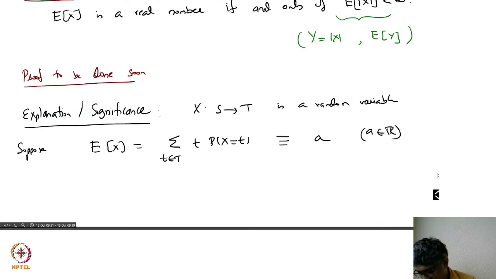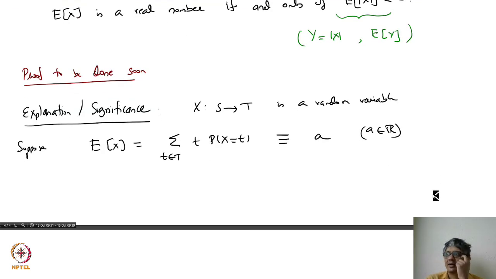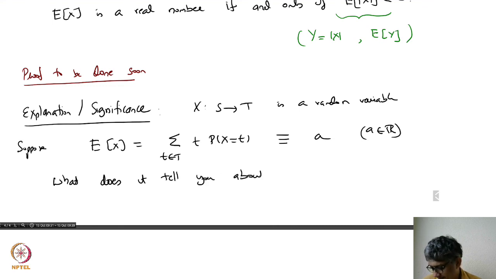What does it mean? What does it tell you about the random variable? So E of x is just a number a. What does it tell you about x? You must think about it a little bit, because it's a formula, I know, but you can go back to the original definition we had.